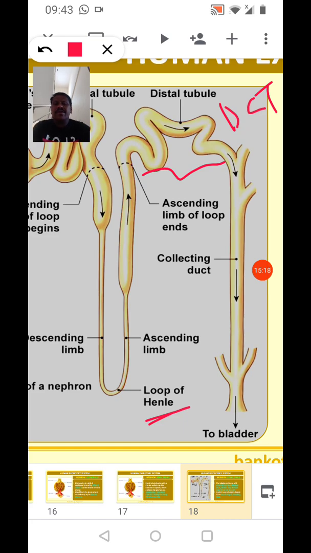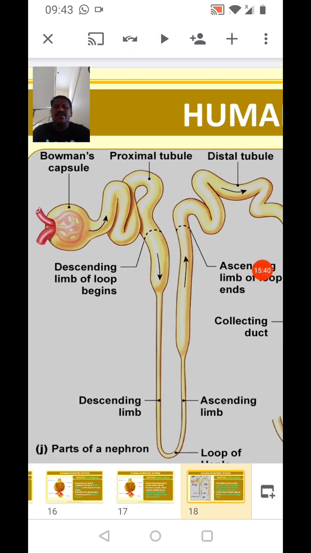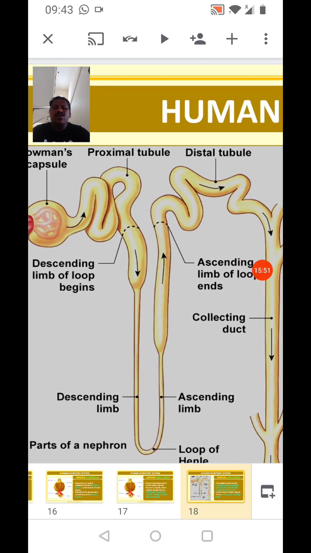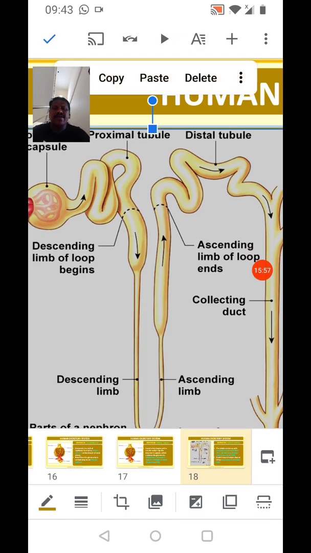Okay. That means a renal tubule has three important parts. Suppose from behind the Bowman's capsule, a highly convoluted tubule comes, which is known as the PCT, the proximal convoluted tubule, and this proximal convoluted tubule continues as the loop of Henle, and this loop of Henle has two limbs. One is the descending limb and the second one is the ascending limb.